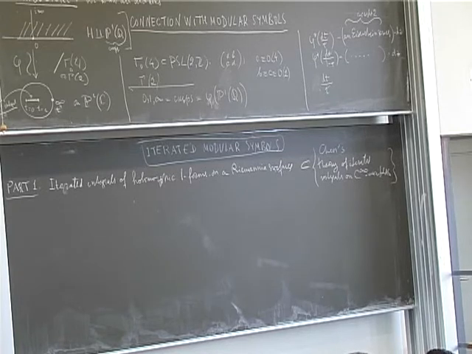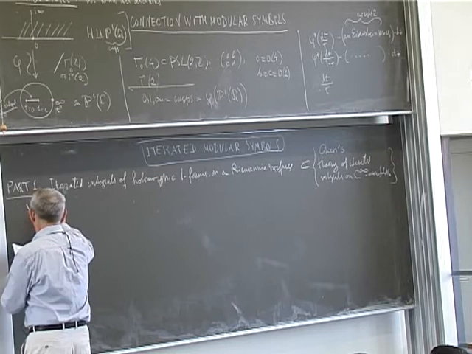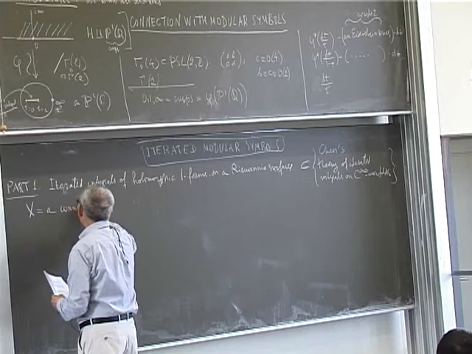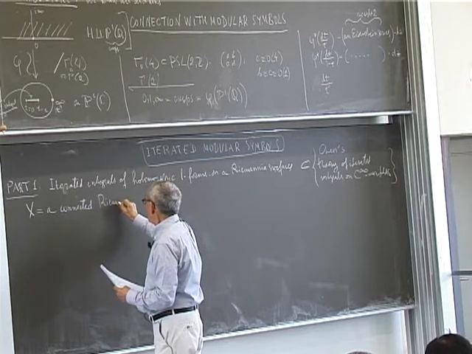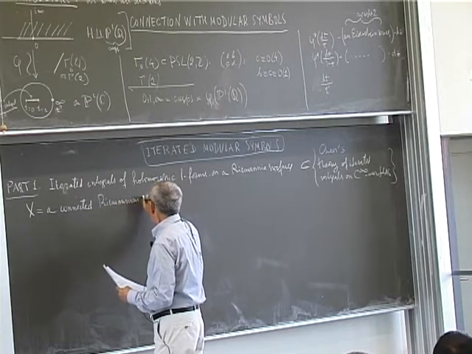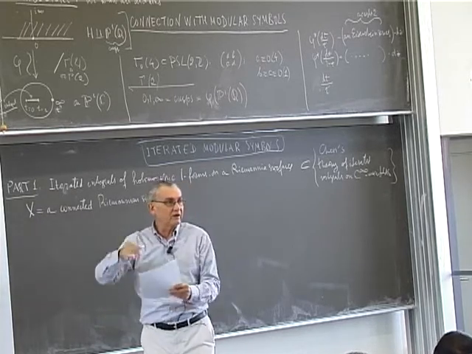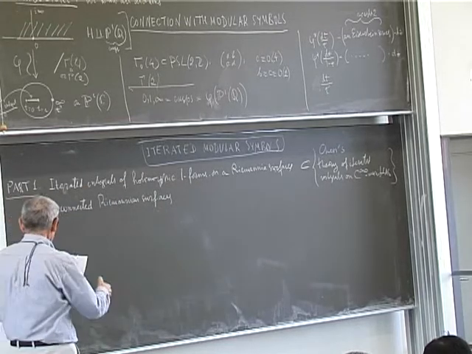Okay, so some formalism. So I will consider a connected Riemannian surface. If you wish, you can imagine upper half plane all the time. Doesn't matter much. The main difference is that generally it can be not simply connected, but I will omit the particularities of this case because H is simply connected anyway.